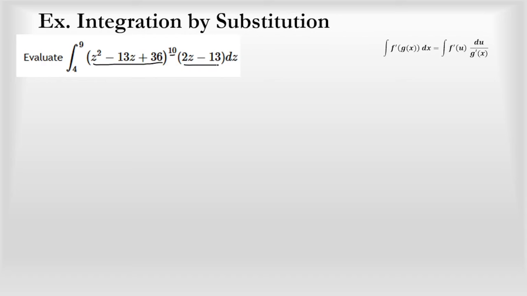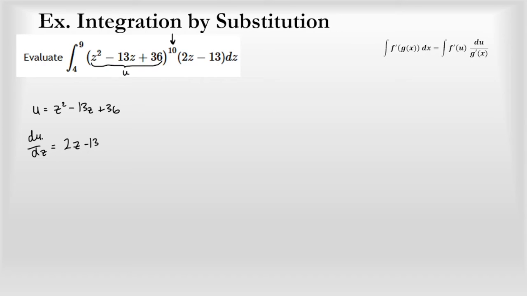If there's something raised to a power, a good option is that whatever's in these parentheses is going to be your u value, your substitution. If I let u equal z squared minus 13z plus 36 and find du, taking the derivative with respect to z, du dz equals 2z minus 13.